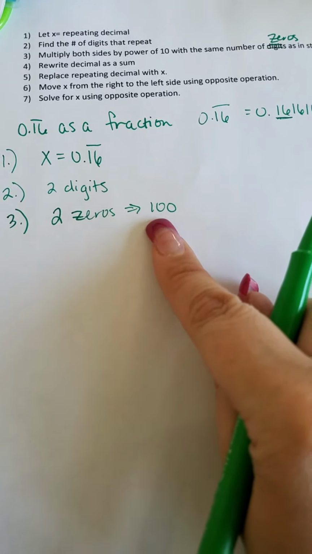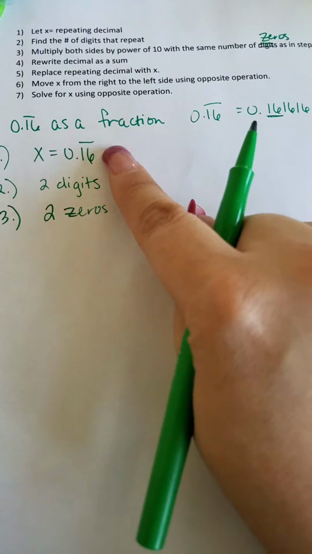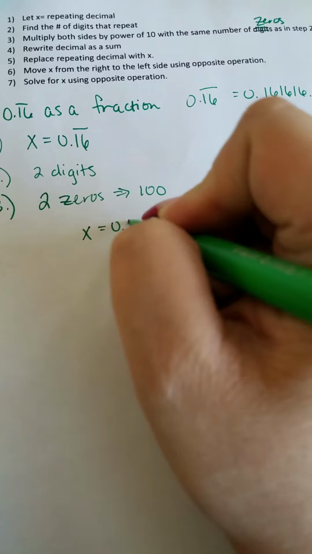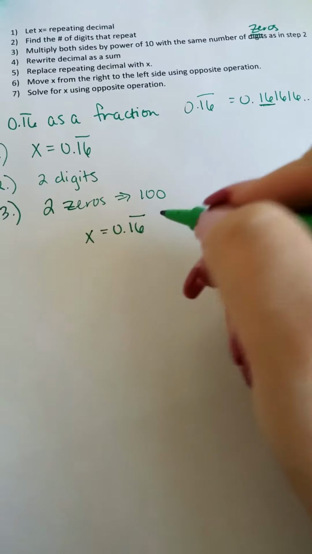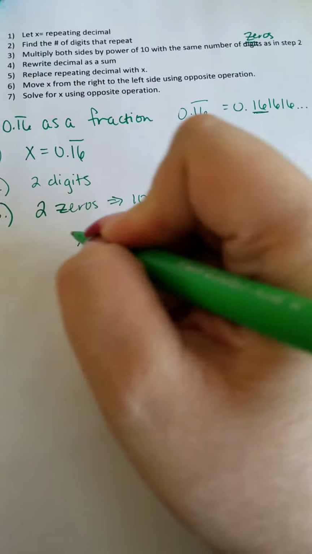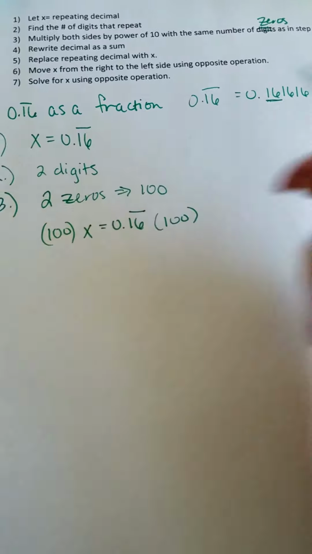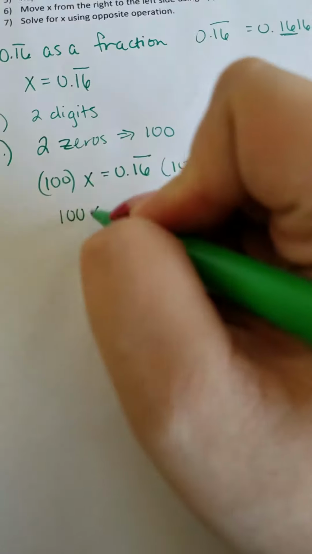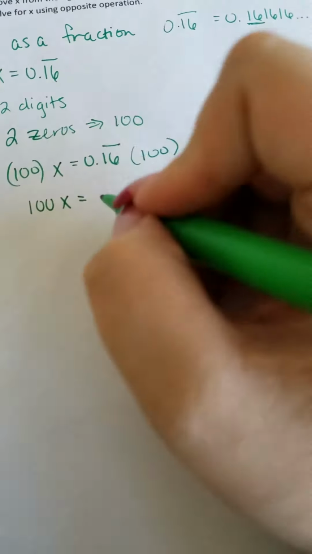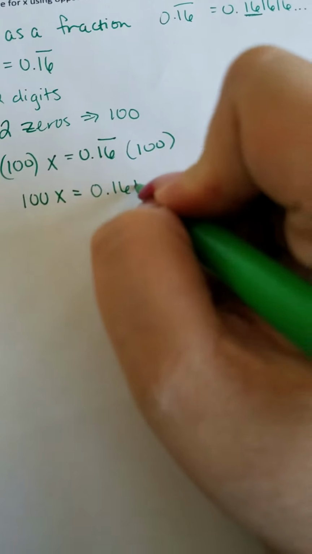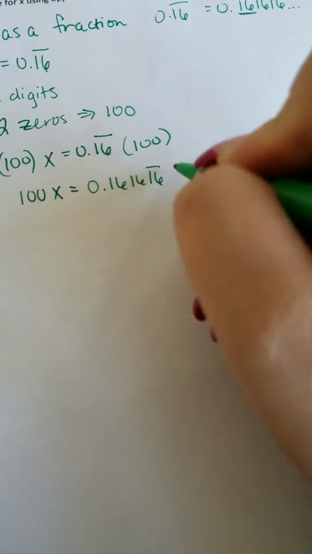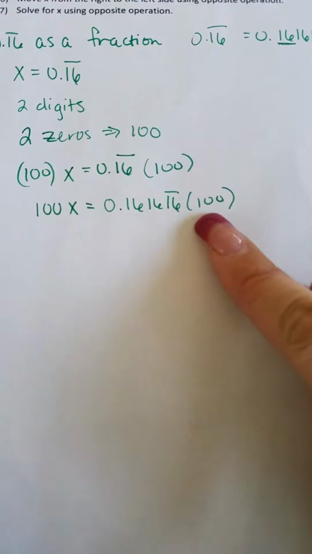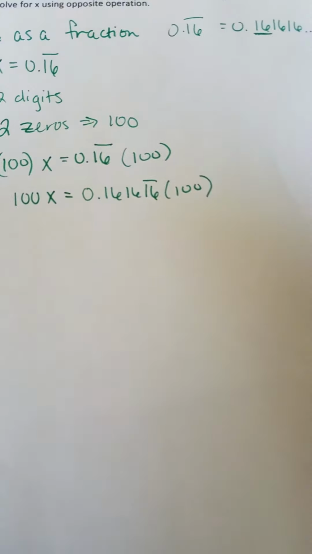So step number 3, we're going to take this equation right here and multiply both sides by 100. So if I have this, it's going to turn into that. We can rewrite that as just 100x equals 0.161616 repeating times 100. Now, anytime you multiply a number by 100, that means that we're going to move the decimal.